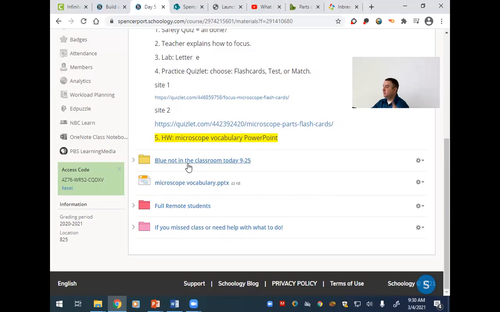There was a lesson for the blue group that was not in the classroom, but the next day they were going to come into the classroom using microscopes. So on this day, they had to do a different lesson. And then there's a different lesson for the people that are full remote, because they're never going to be here to use a microscope.